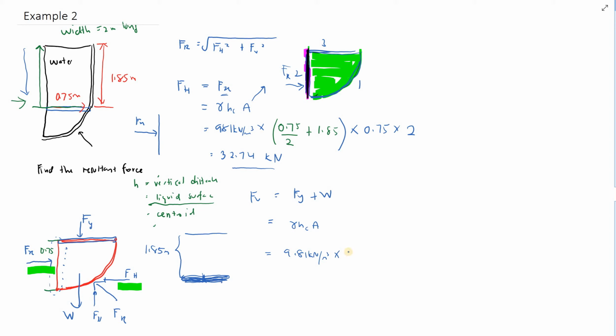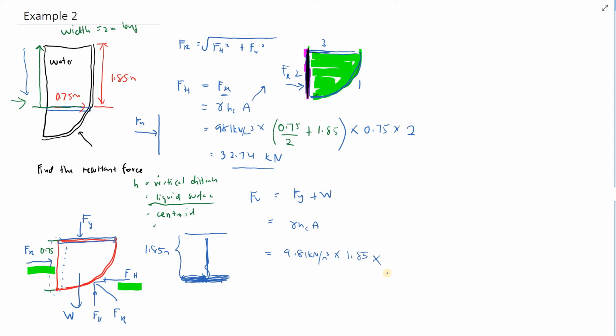So your Hc is 1.85. Do not divide this by 2. A common mistake done by students is that sometimes they make Hc equal to 1.85 divided by 2. No need for that, because this is your Hc, the centroid somewhere on the horizontal plane surface, which is located 1.85.